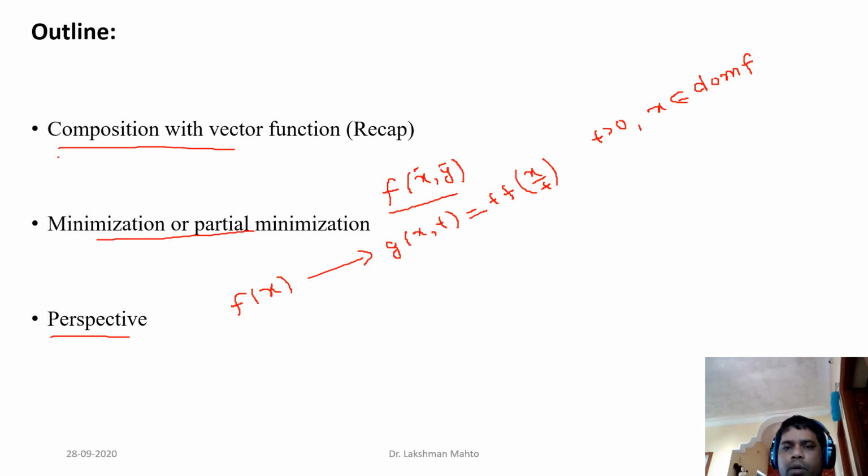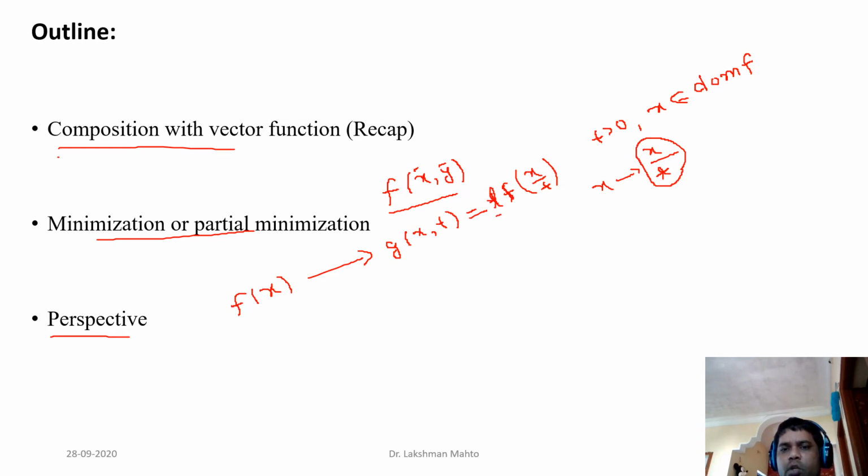Okay, so if you look at this closely, you change the argument of the given function f to a new argument, which you can call the perspective argument. That means you divide the argument of the given function f by t. Then this is the new argument. After that, you multiply the function by the same constant t.